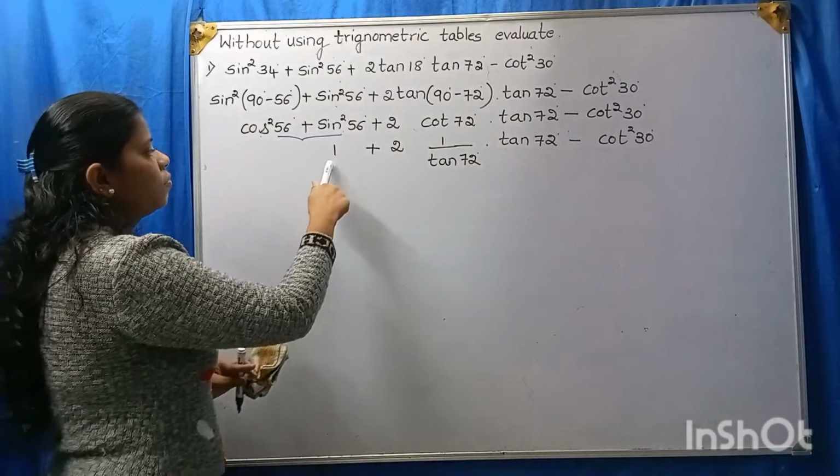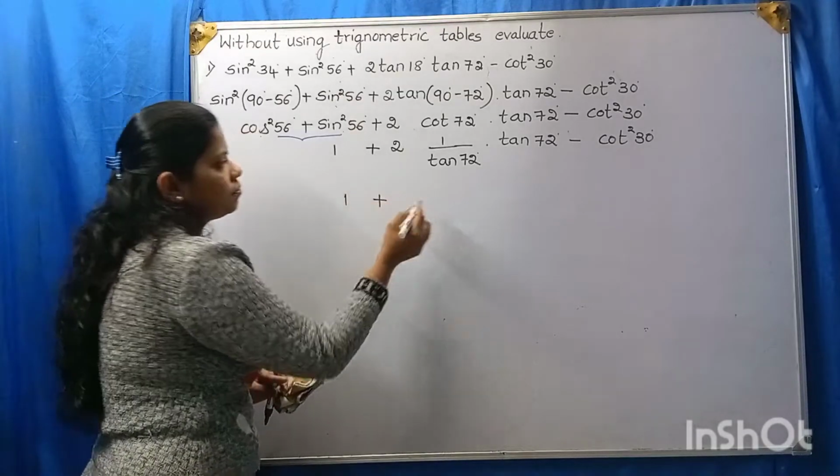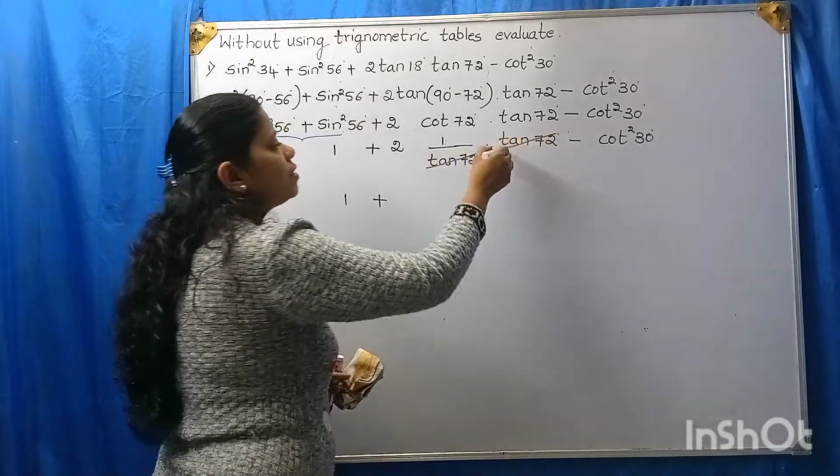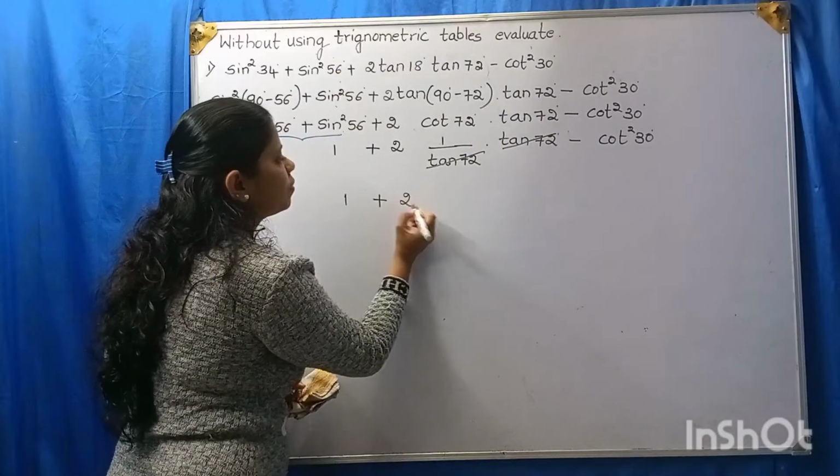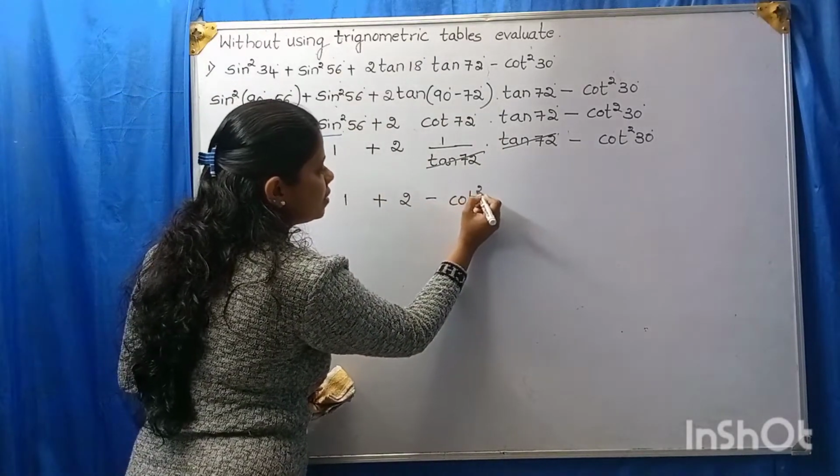Now see here, tan 72 degree cancels. Therefore, 1 plus 2 into 1 is 2, minus cot square 30 degree.